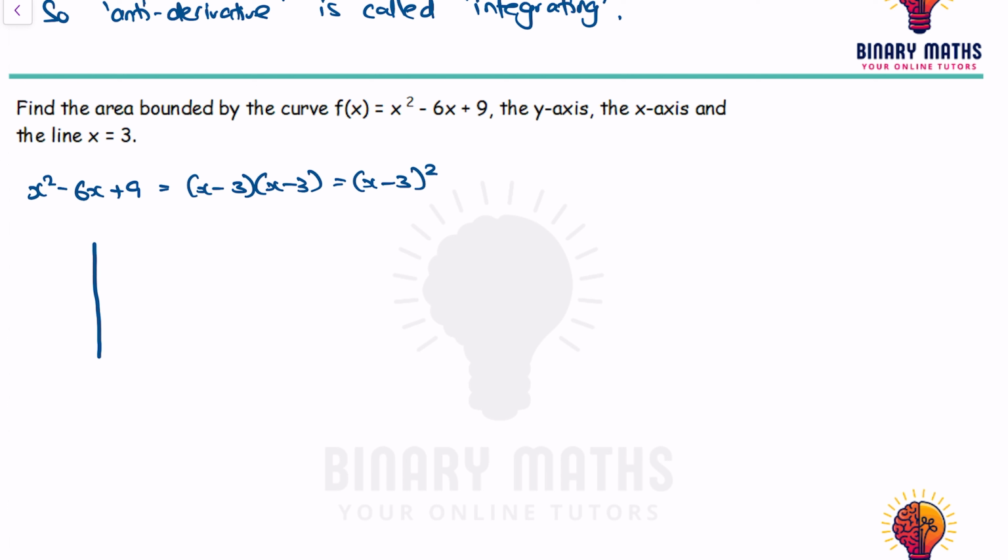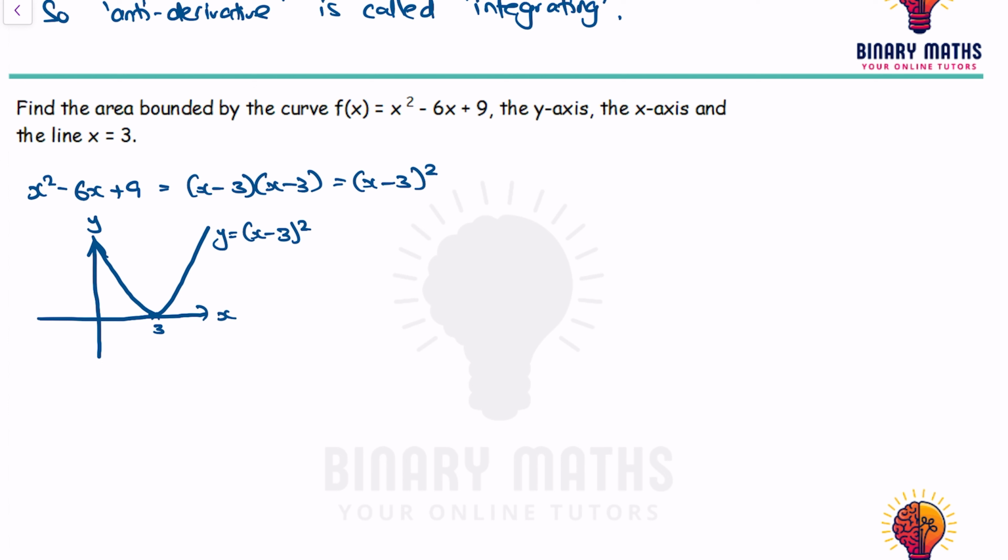Which means if I sketch it, it's a quadratic with a double root at 3. So like that. So y is equal to x minus 3 all squared.